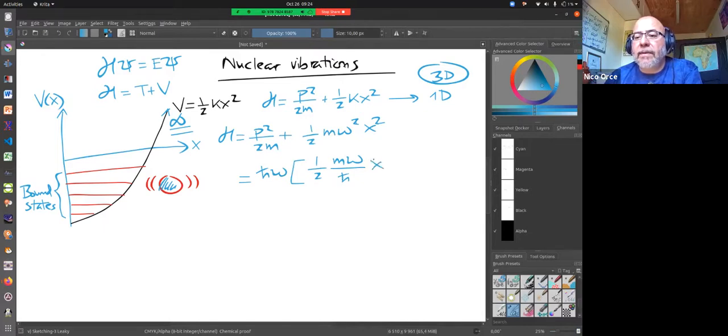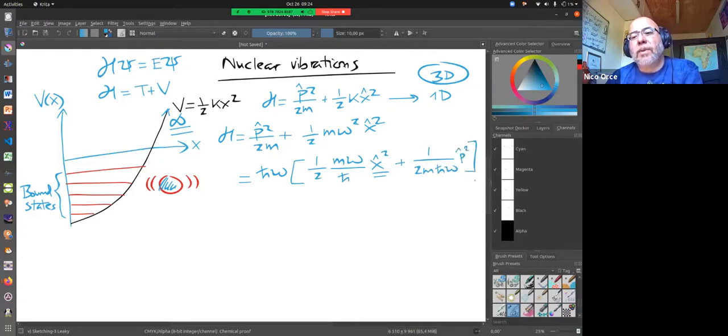All these guys have a hat because they are operators. At some point I will remove those hats, but they are all operators. Plus, here we have 1 over 2m h bar omega p squared.